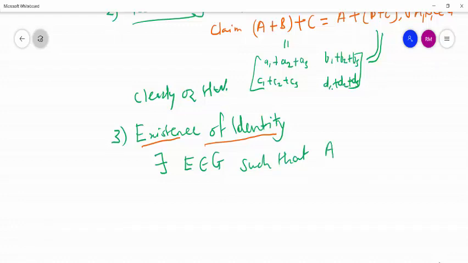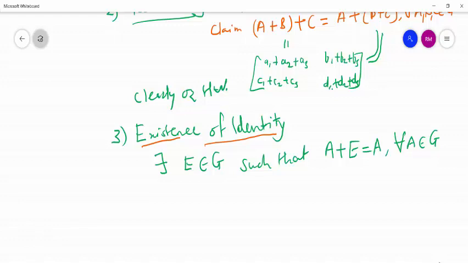A is any matrix, and we have given the binary operation as addition. A plus E should be equal to A, for all A, not only a particular A, but for all A belonging to G. So if there exists a matrix E which satisfies this equation, such a matrix exists, then that E is called the identity element in G, and it exists in G. That's why we say existence of identity.